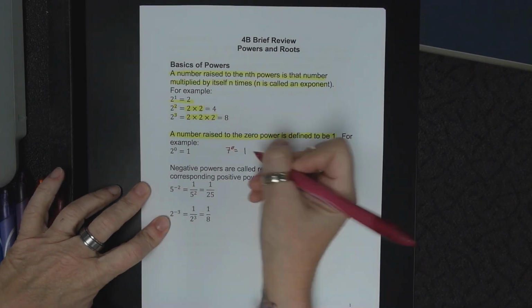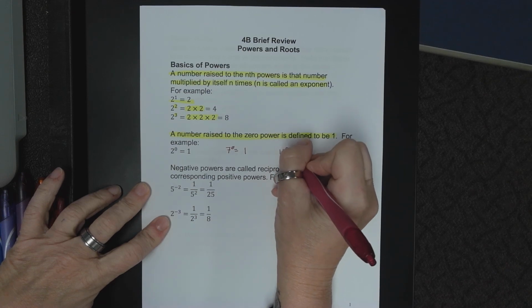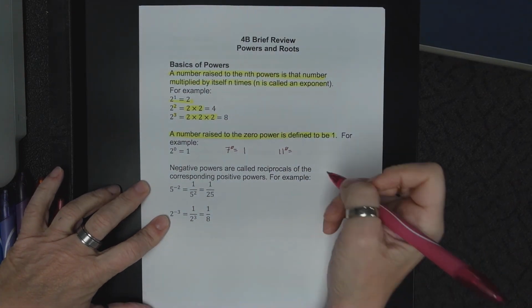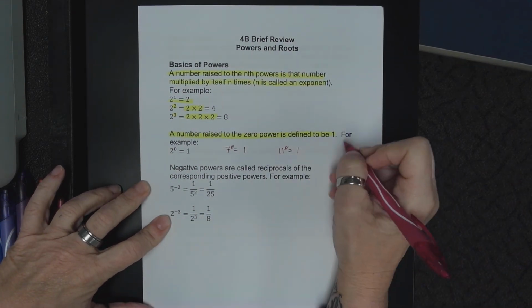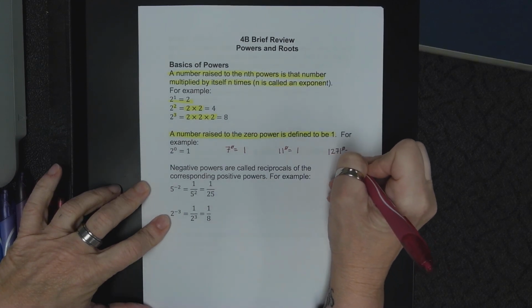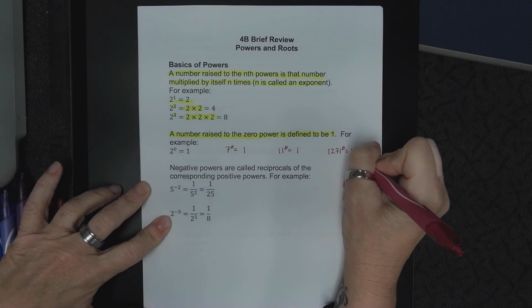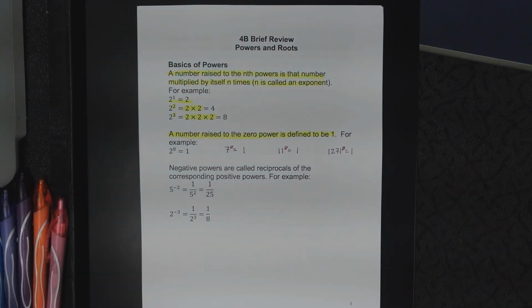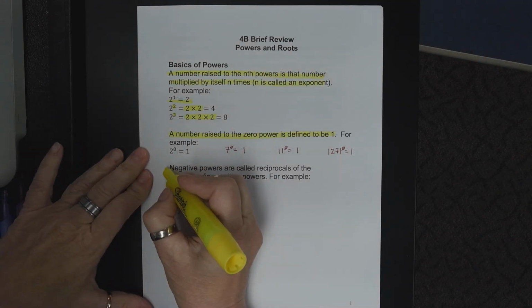That's 1. 11 raised to the 0 power. You guessed it. 1. What about 1,271 raised to the 0 power? Yep, you guessed it. 1. Anything. 7 million to the 0 power. That's 1.